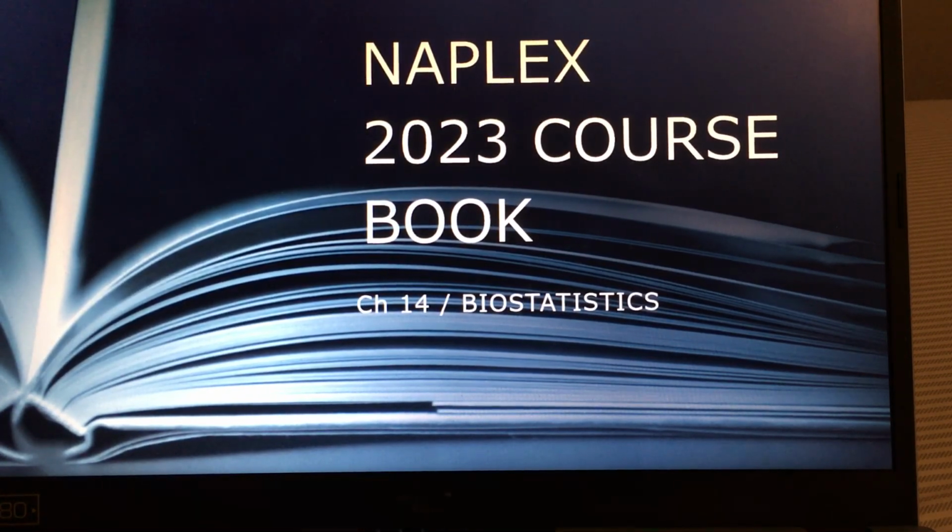So then we can have some skewed distributions. Data that are skewed do not have the characteristics of a normal distribution. The curve is not symmetrical. 68% of the values do not fall within one standard deviation from the mean or the average, and the mean, median, and mode are not the same value.